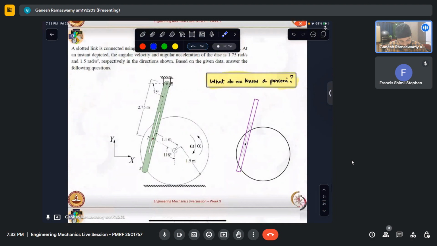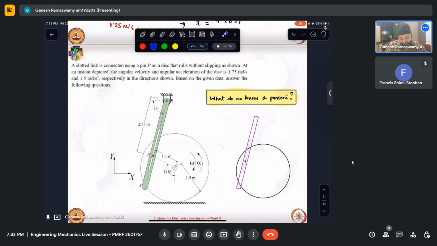Okay, so let us look at this problem. A slotted link is connected using a pin P. So we have this slotted link, and then we have a pin P which is connected to this disk. The disk rolls without slipping on the floor, and we have a pin connected to that.